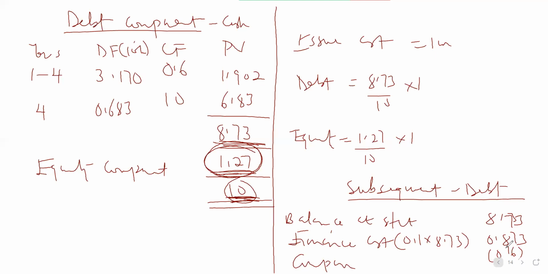They are comparing this to straight debt instruments. The straight debt instrument is where there is no conversion, where it is preference shares or debentures. There is no conversion attached to it. So if it should be a straight debt instrument, the debt will be 10 million, no equity component. All right.